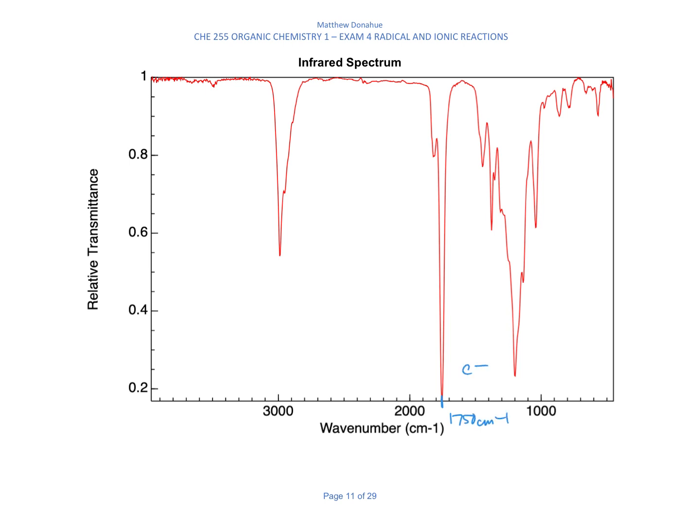That's telling you there's a carbonyl, so you know that there's going to be 2 things bonded to it, but for right now you have a C and an O and 1 degree of unsaturation. So C=O, 1 degree of unsaturation.